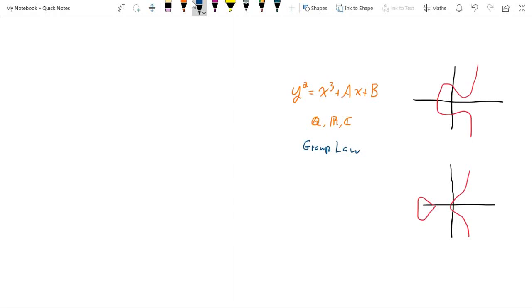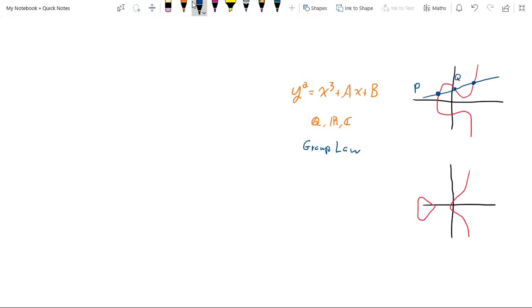The way in which we do that is we consider two arbitrary points P and Q lying on our curve. Then by Bézout's theorem in projective geometry. So I'm saying the word projective. It's not clear that this is projective yet, but we'll get to that in a moment. If we take the straight line through P and Q, this has to intersect our elliptic curve in a third point.